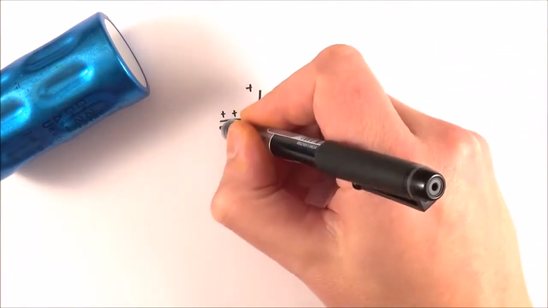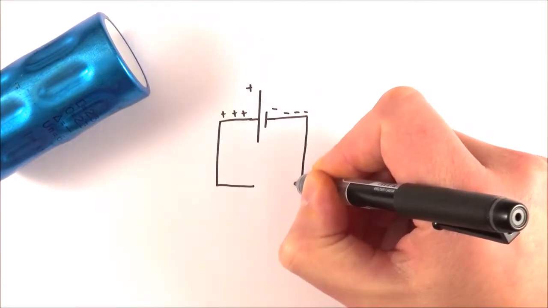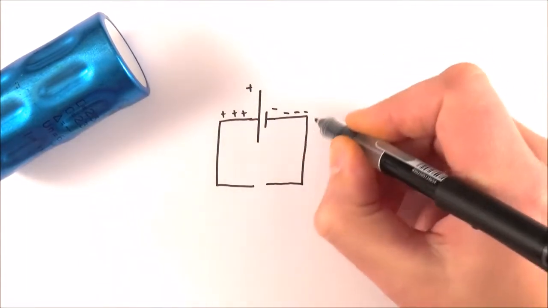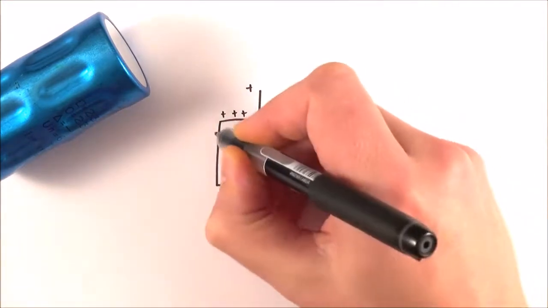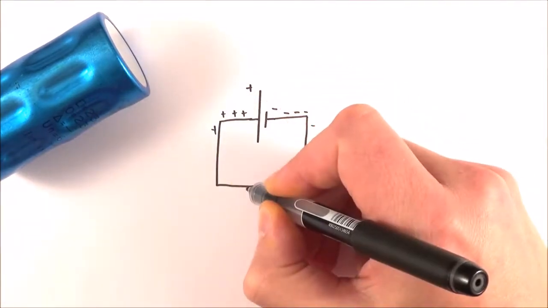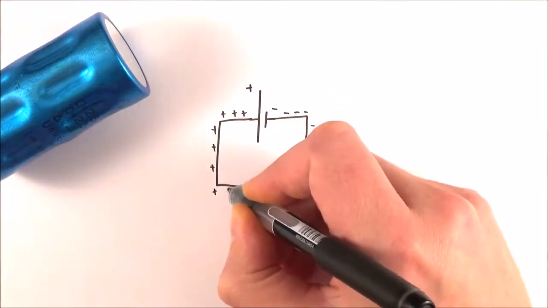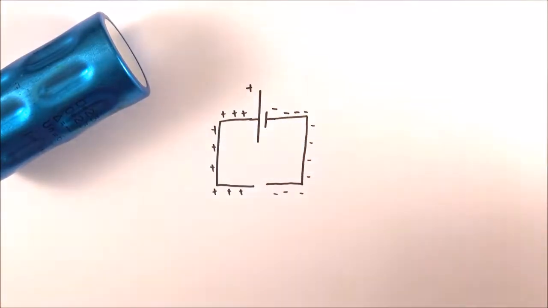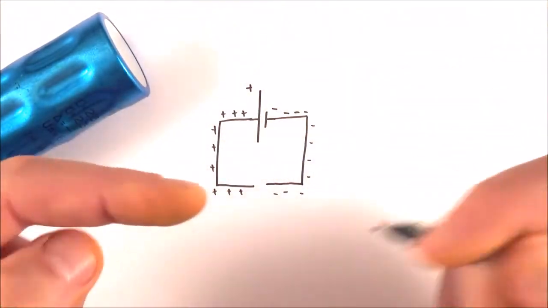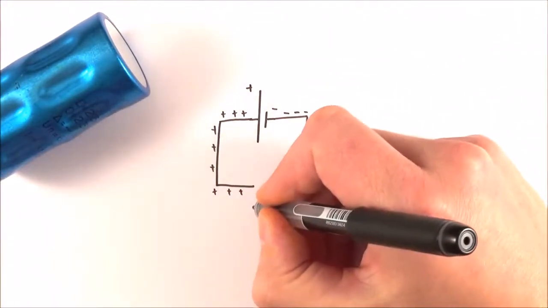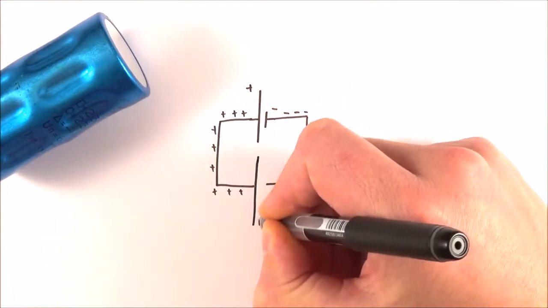Now if I take this wire and make it longer and loop it round a bit like this, that just gives more space for these electrons to spread out. Again, they're going to repel as much as they can, and all the electrons in this part of the wire are going to move around to the positive end. So effectively what we have is this distribution of charges. I can keep that effect going by, rather than just having two ends of wire pointing towards one another, making that wire bigger and flatter.